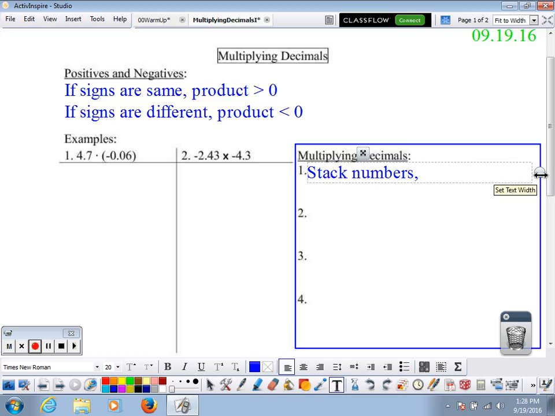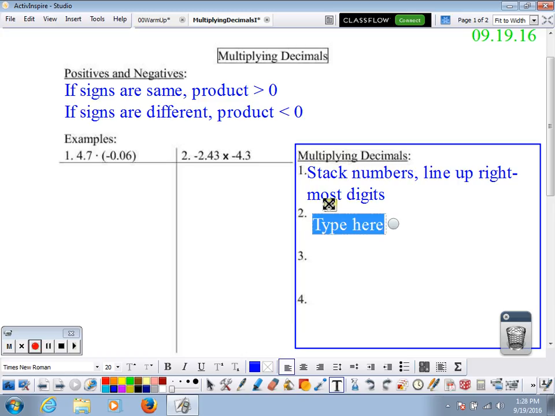I think it was Alana who said that when we stack those numbers, line up the ones place. But if we're talking about decimals, it's not necessarily the ones place. What we are going to line up is the rightmost digit, whatever digit is farthest to the right. They won't necessarily be the same place value. They might be ones and tens, they might be tenths and ones, but we want to line up the rightmost digit.